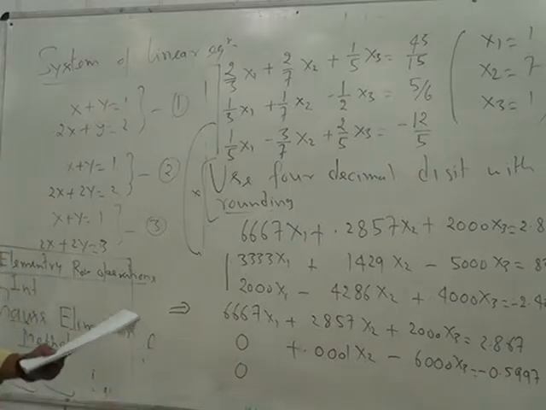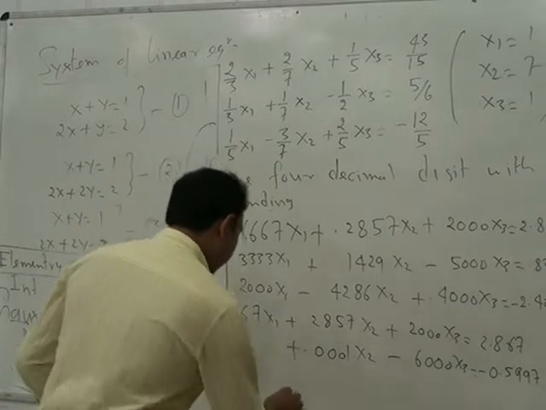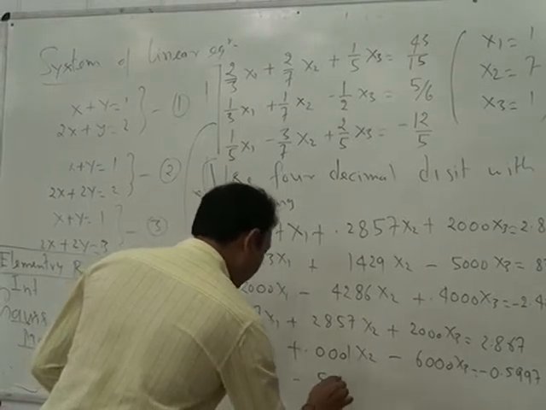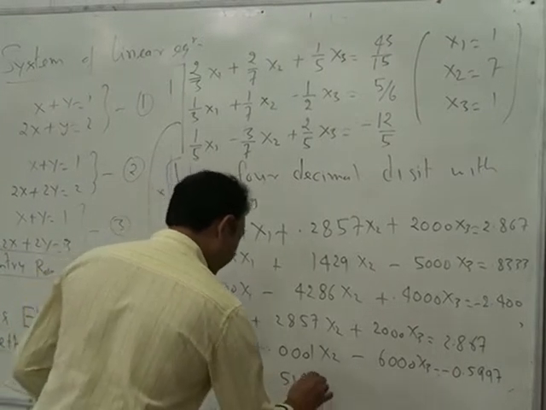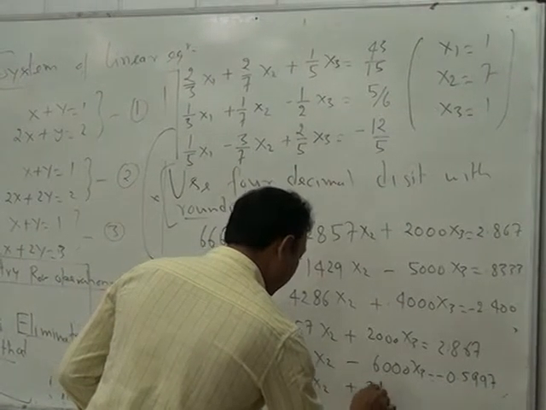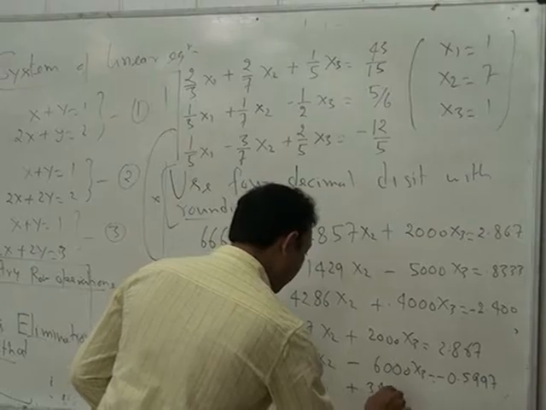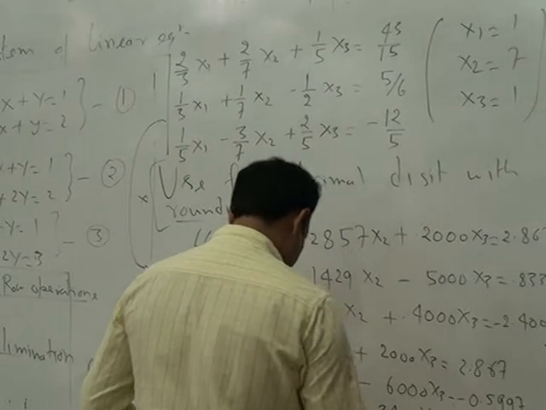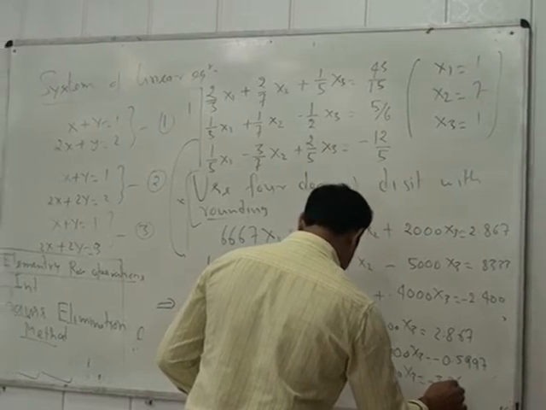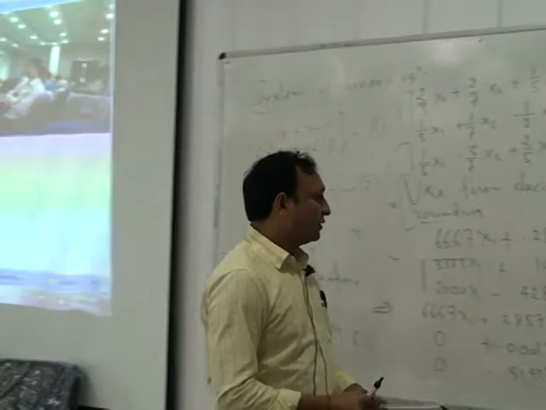Okay, and this entry will be minus 0.5143 x2 plus 0.3400 x3 is equal to some minus 3.26 something, I don't know.